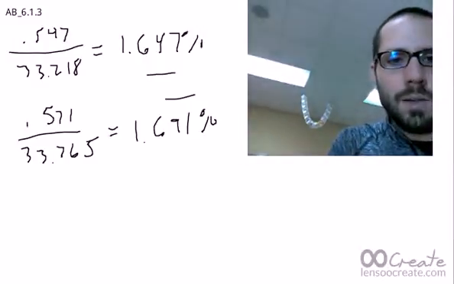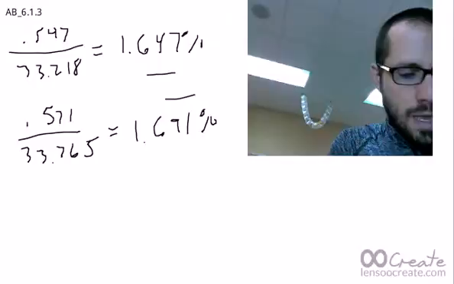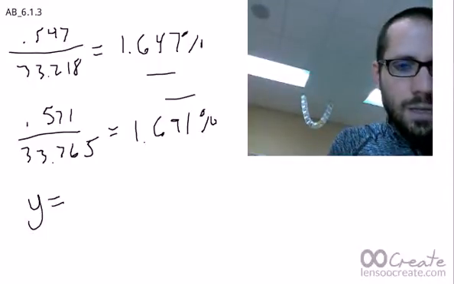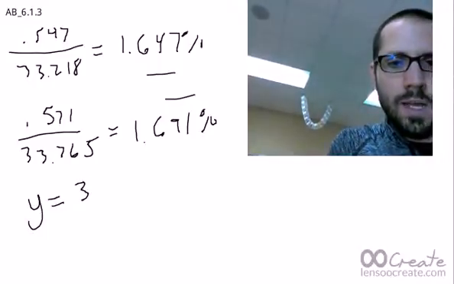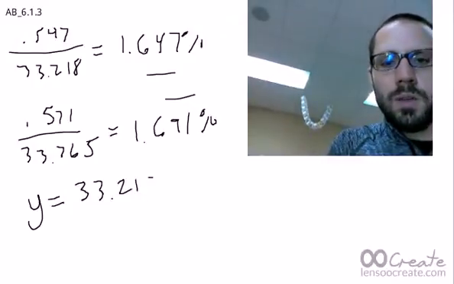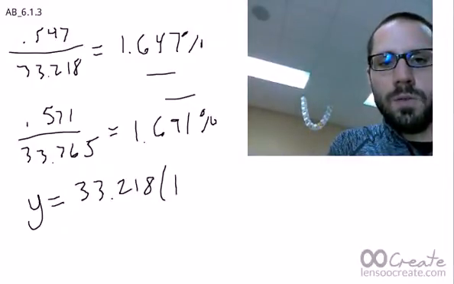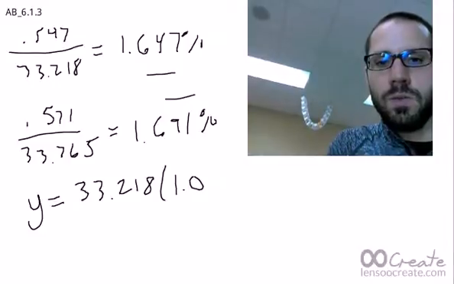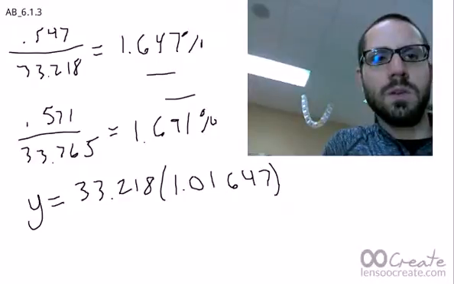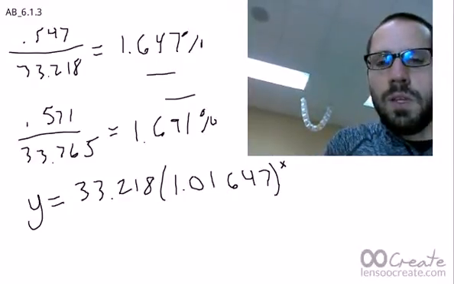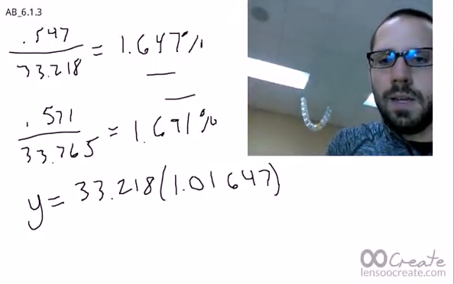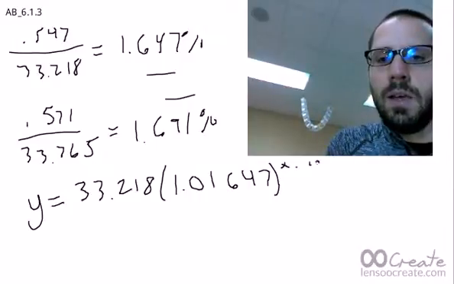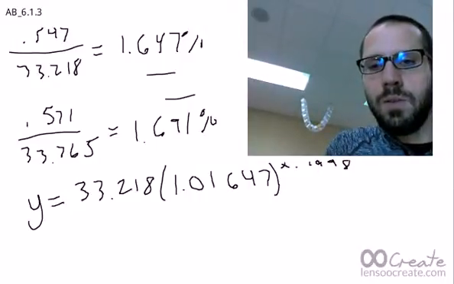So let's make our model y equals, we began at 33.218 million with an increase of 1.0167 to the x. And if we make this years since 1998, we can say x minus 1998.